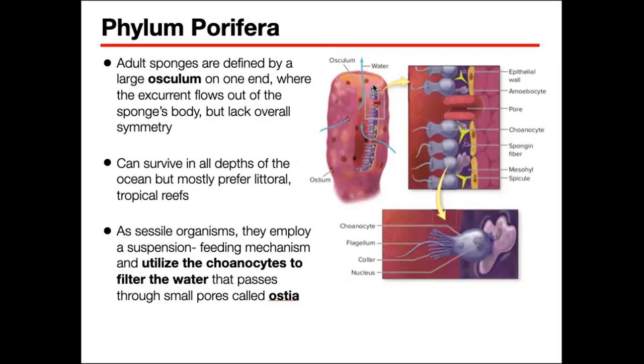Okay? And they can survive in all depth, no? But they prefer mostly yung part of the sunlit zone of the ocean. Okay? Yung part of the ocean where there is enough sunlight, mainly because they need the organisms that need sunlight.